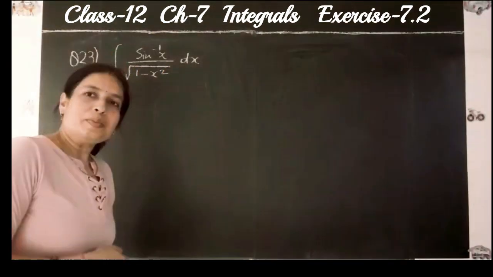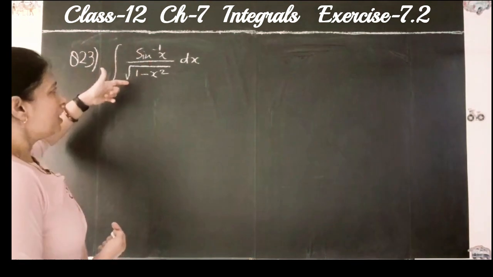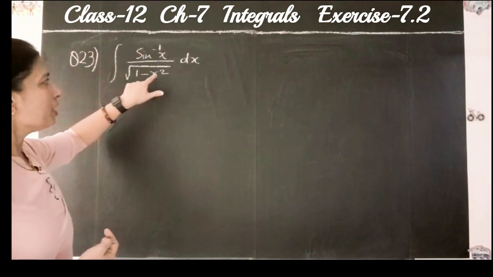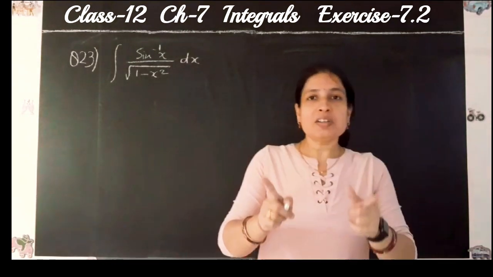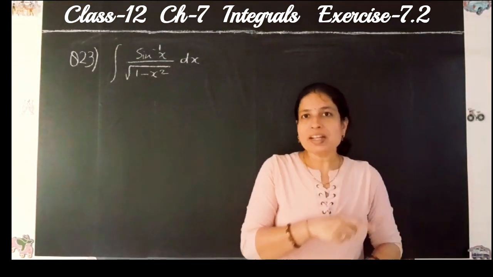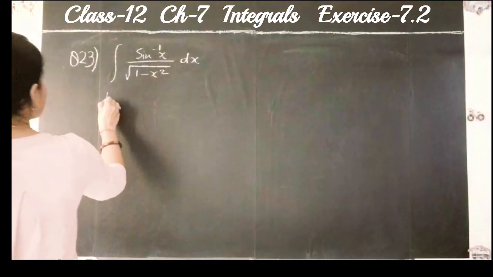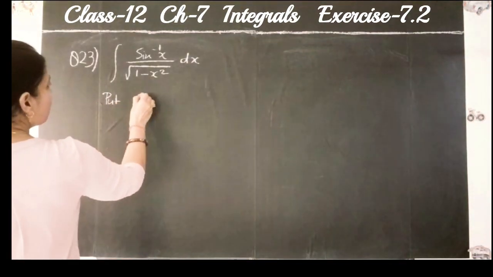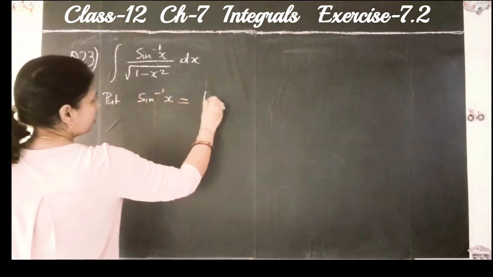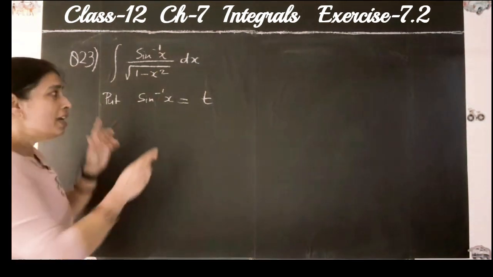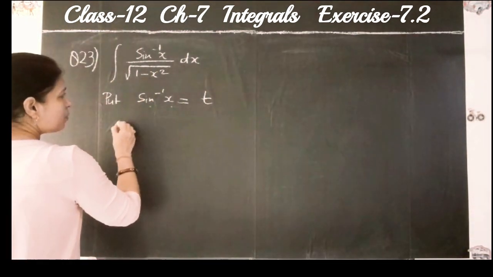Let us see question number 23. It is integral of sine inverse x divided by square root of 1 minus x square dx. और आप सबको पता है कि साइन इनवर्स का डेरिवेटिव क्या होता है, 1 by square root 1 minus x square. So we put here साइन इनवर्स x is equal to t. इसका डेरिवेटिव हमें पता है, इसलिए हम इसको t पुट करेंगे. Then differentiate with respect to t.